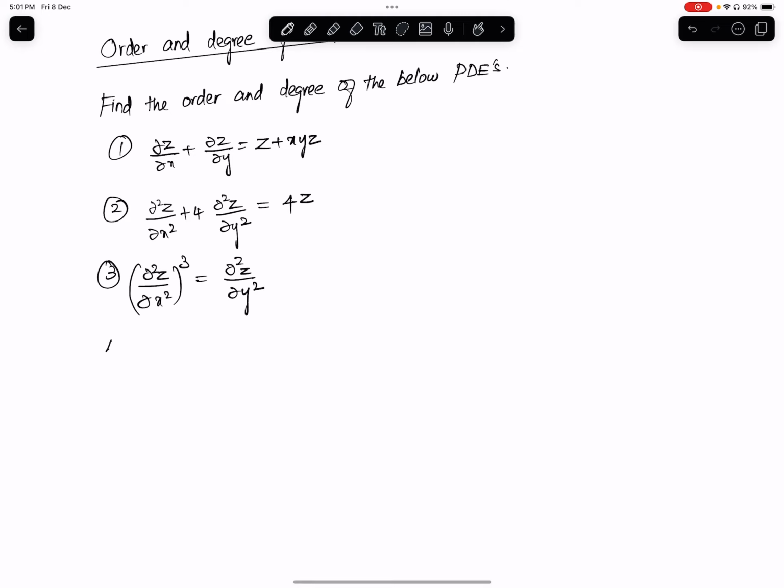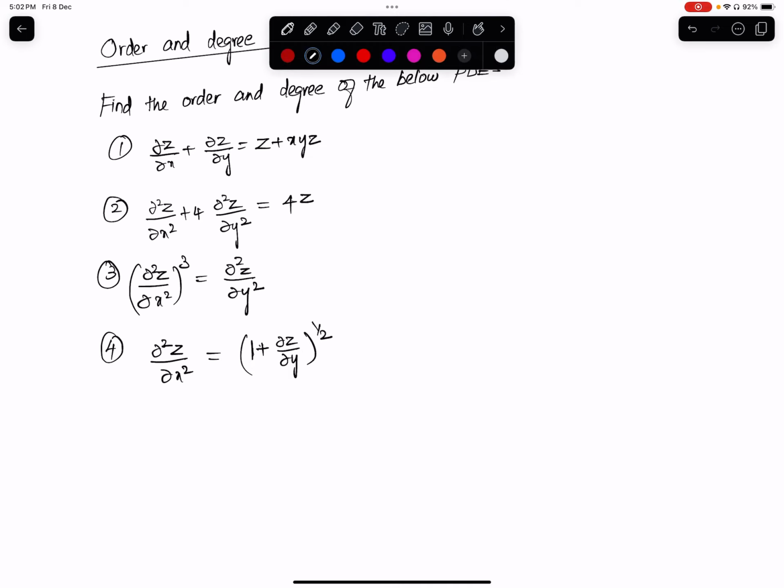The fourth one, dou square z by dou x square is equal to 1 plus dou z by dou y, whole power half.